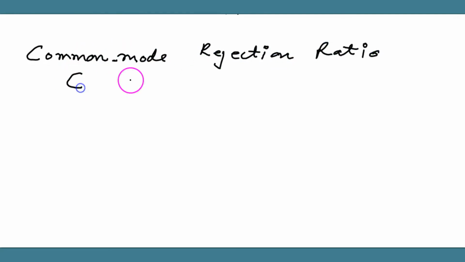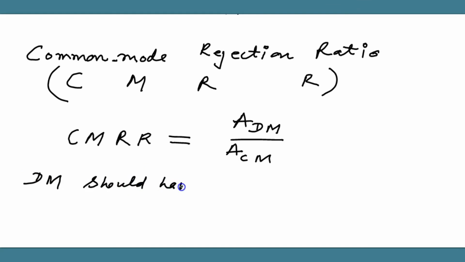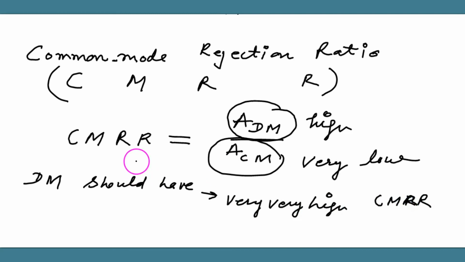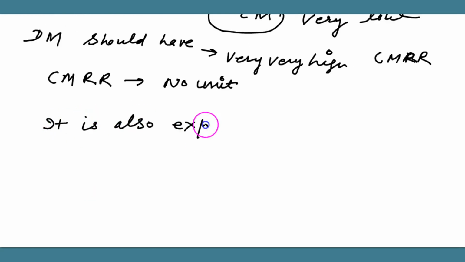Now we define the common mode rejection ratio. Common mode rejection ratio is the ratio of differential mode gain to the common mode gain. ADM should be high, ACM should be very low. So that's why the common mode rejection ratio should be very high for better behavior of the differential amplifier.